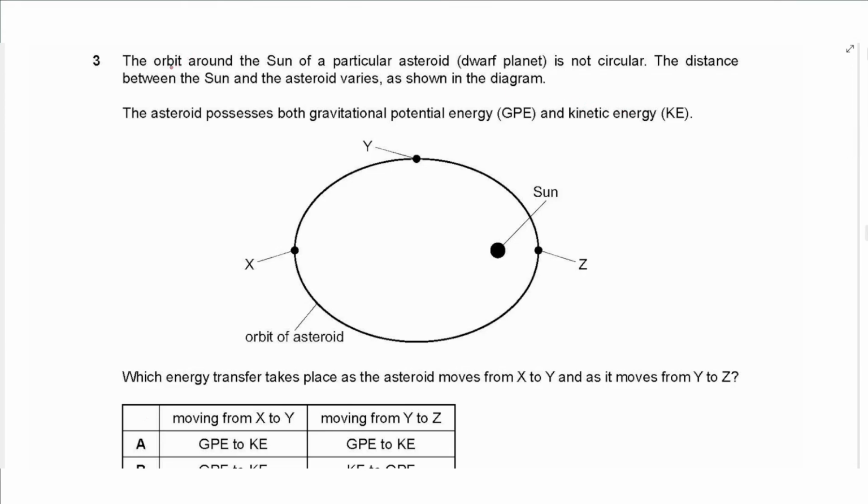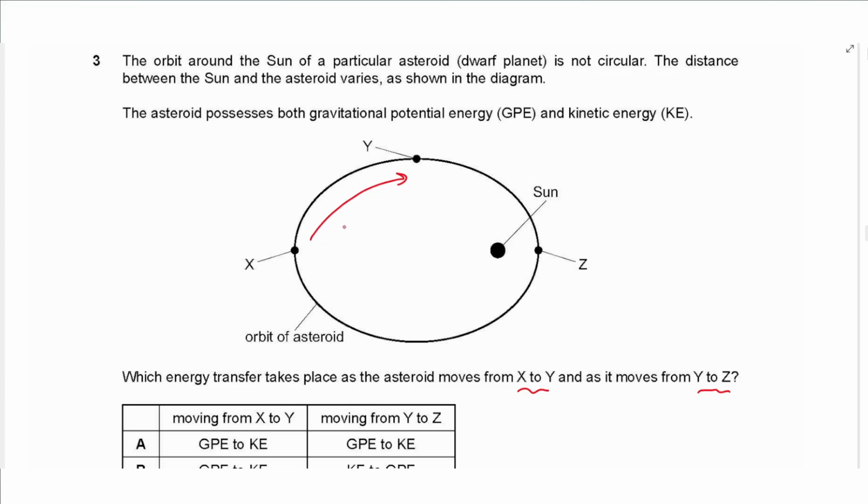The next question says the orbit around the sun of a particular asteroid is not circular. The distance between the sun and the asteroid varies as shown in the diagram. The asteroid possesses both gravitational energy and kinetic energy. Which energy transfer takes place as the asteroid moves from X to Y and from Y to Z? From X to Y, it's getting closer to the sun, so it's losing GPE.